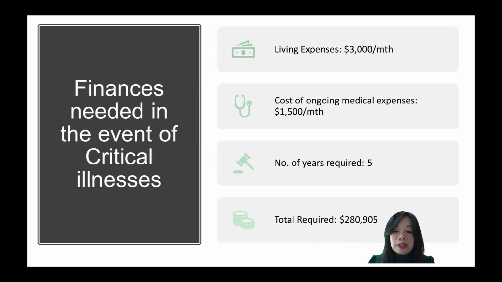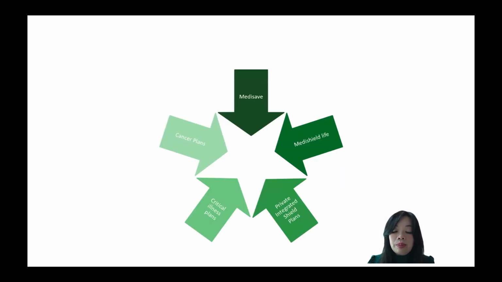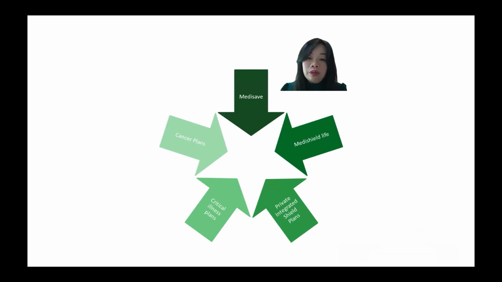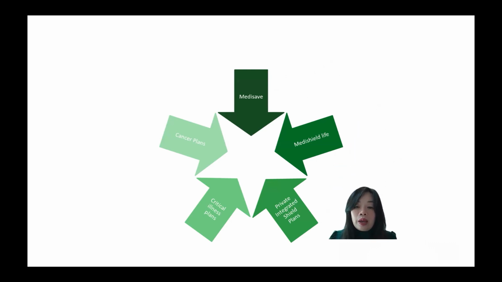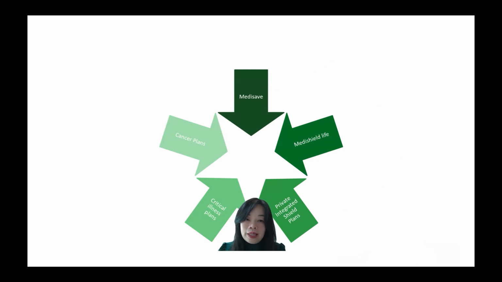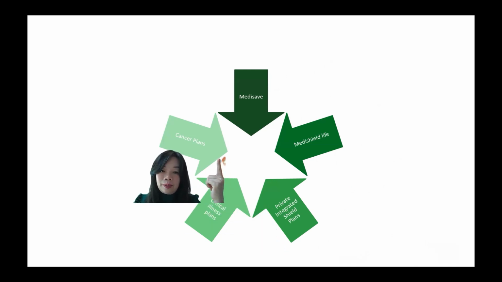So if let's say this amount is needed, there are a few ways it's going to come from. First will be from MediSave, or covered also by MediShield Life. That's going to cover, and the private integrated shield plans, critical illness plans, and lastly cancer plans.